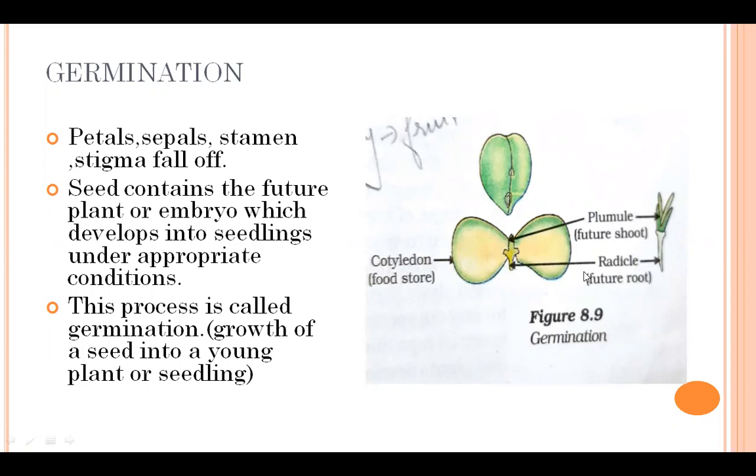You can remember by RR: radicle is root, R. So radicle will form root and plumule will form shoot. Clear? This is very important. Plumule is the future shoot and radicle is the future root. Clear? So this was the sexual reproduction in plants.